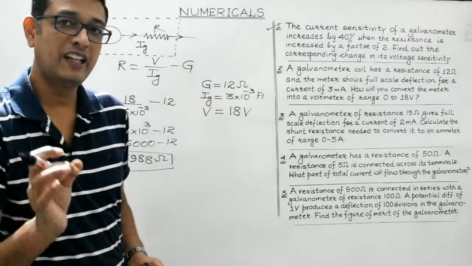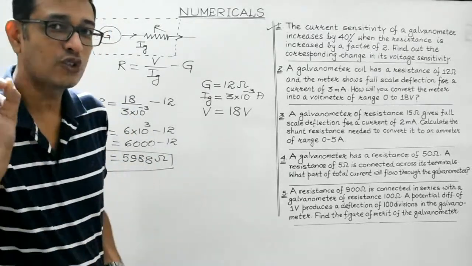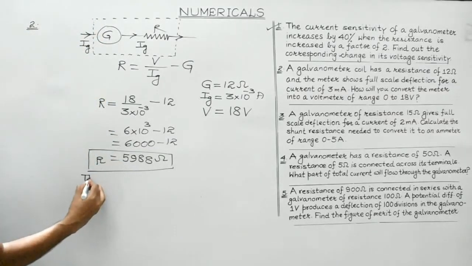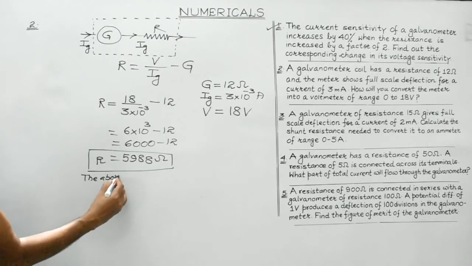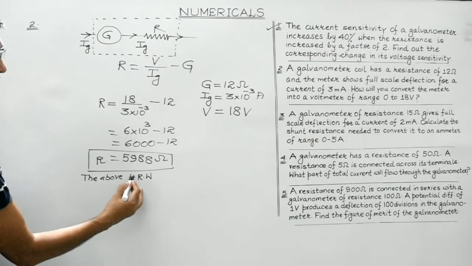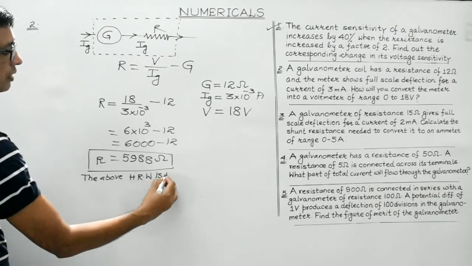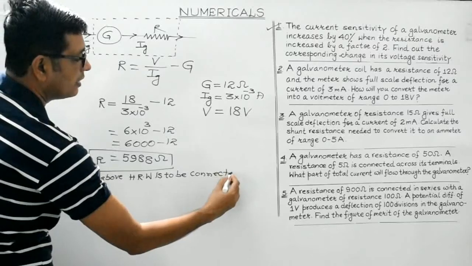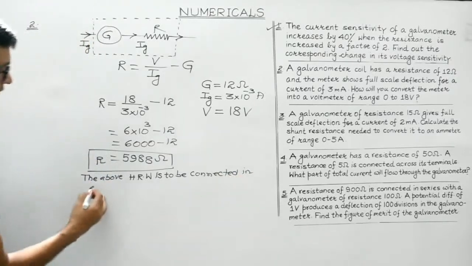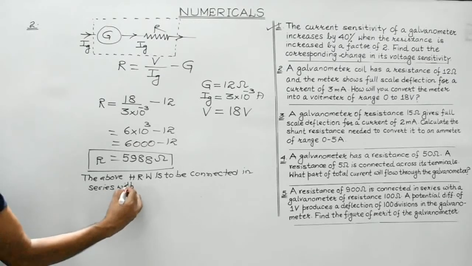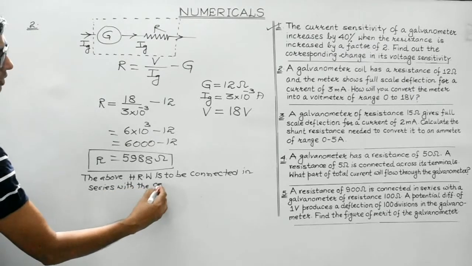And after obtaining the value of capital R, you need to write the theoretical statement that this R, the above high resistance wire, is to be connected in series with the given galvanometer coil.